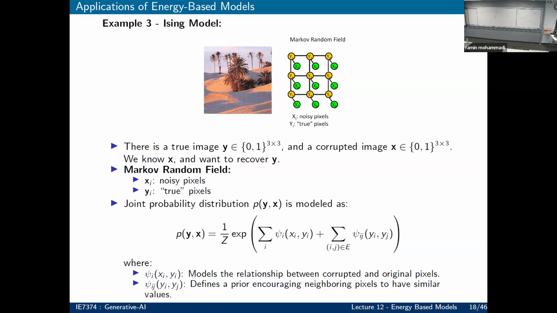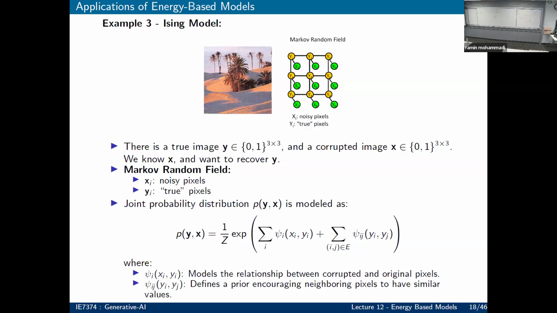Technically, this function tells you, if you use the noisy pixel instead of the real one, how well the noisy pixel describes the real pixel. That's the function on the left.